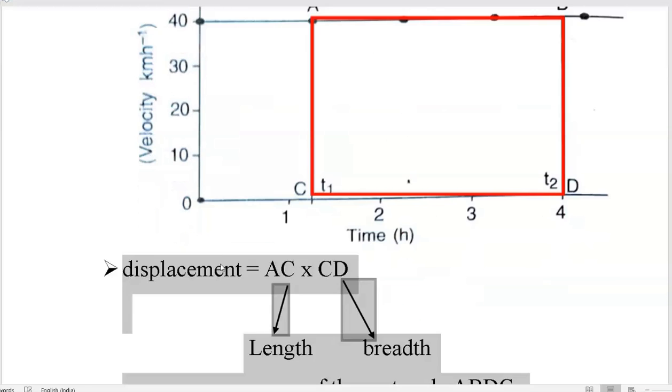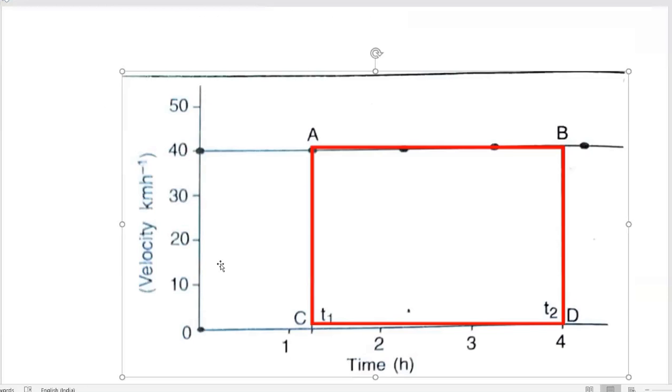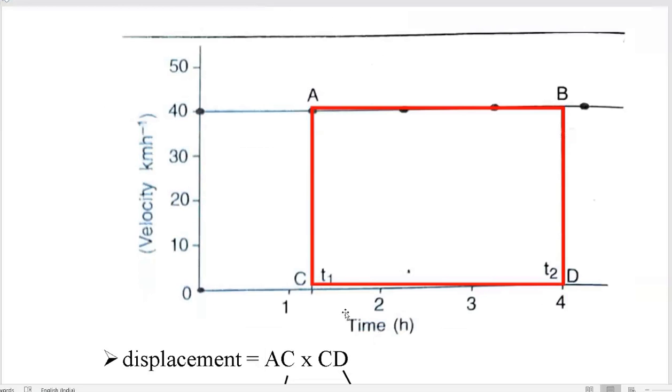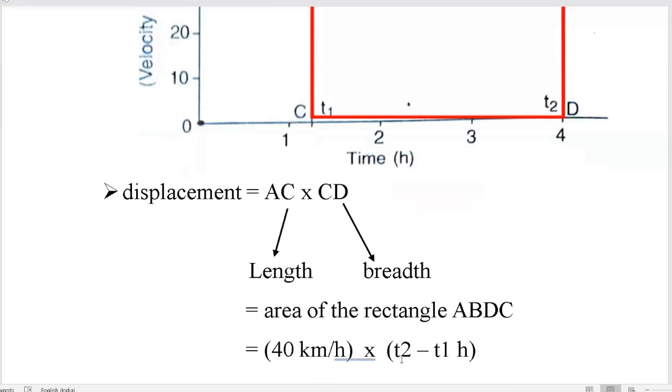So displacement is AC into CD, because displacement is equal to velocity into time. AC is actually the velocity and CD is time. AC and CD being the sides of the rectangle, we can say that this is actually the area of the rectangle ABDC.